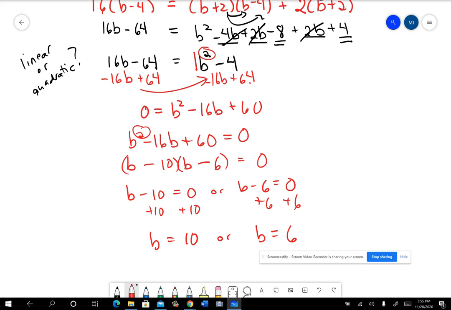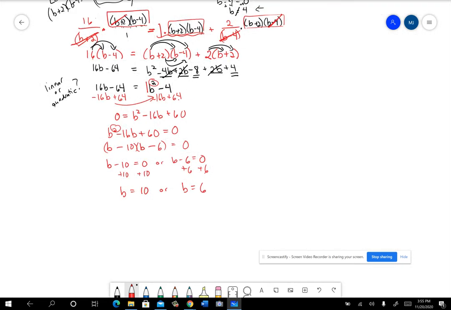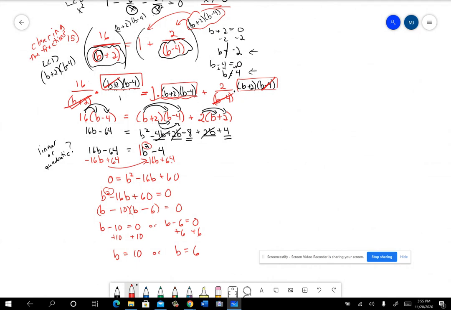So let me squeeze this down so you can see the whole problem, because these do feel overwhelming when you're first learning them, because there are a lot of pieces to it. So you look for how to get rid of the fractions, you clear the fractions. So once you identify the least common denominator, you're just going to multiply all the way through by that.